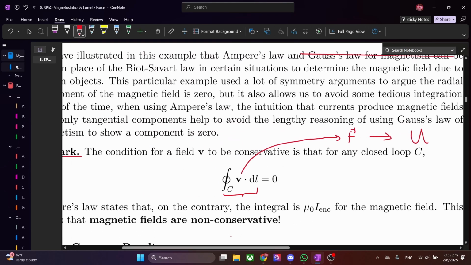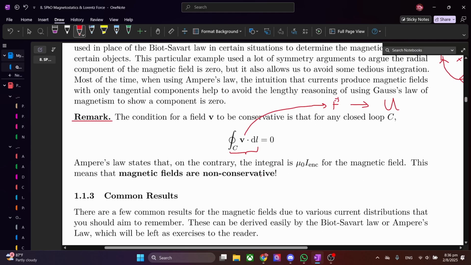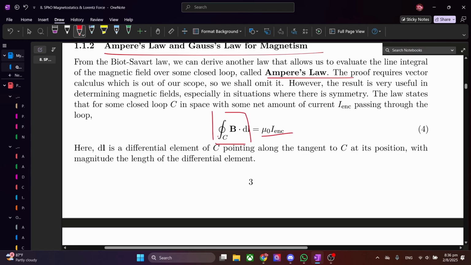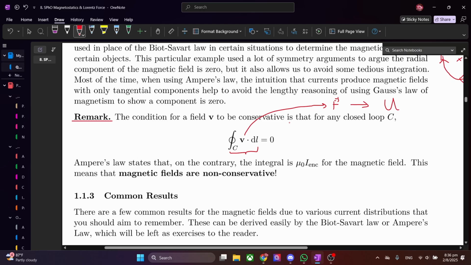The funny part about magnetic fields is that they're actually non-conservative, because by Ampere's law, we've already stated that this integral is this stuff. So magnetic fields are non-conservative, which can make them a little bit weird. But I think most of the time you don't really need to worry about it.